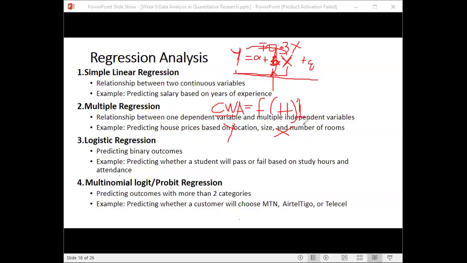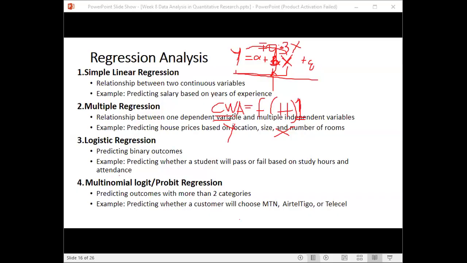Now negative is telling me that if I increase the number of hours I learn by 1 hour, I reduce my CWA by 0.3 units. So what is it telling me? Then I shouldn't learn more hours. Maybe learning more hours affects the brain and you don't capture a lot in your head, you can't do well. So it's better you learn in small hours, right? So that is what the results is likely to have told me.